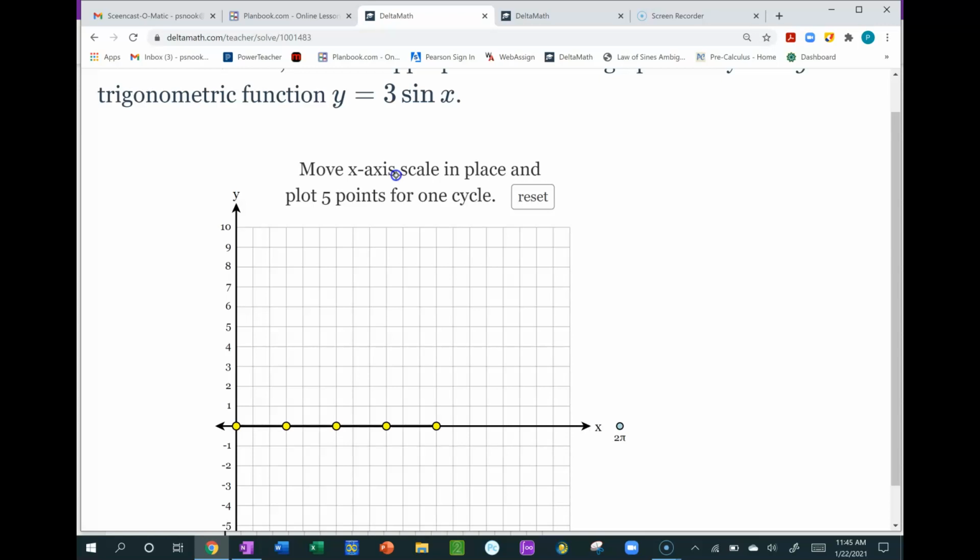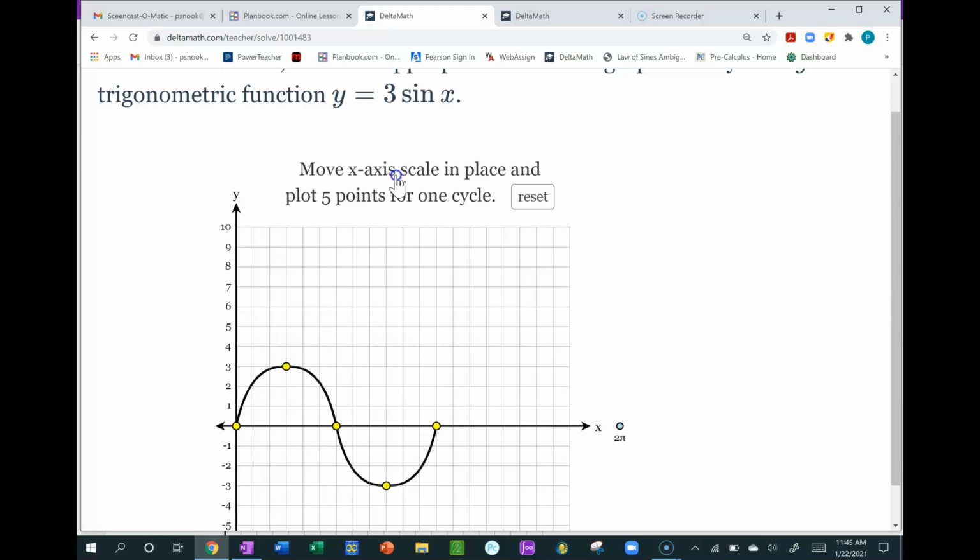And now I'm going to actually plot these points on their location. The first one we said was going to be at 0, 3, so I'm going to take that one and move it up. So we went from 0 up to the max. We're going back down to the midline. Now I need to go down to the min, which is right there, and then back to the midline.